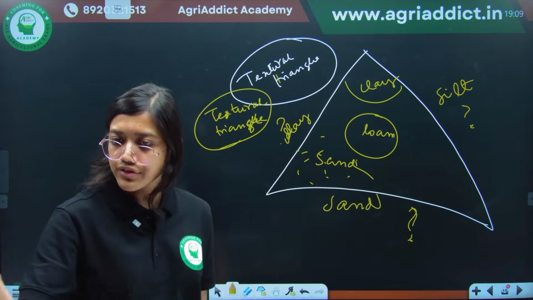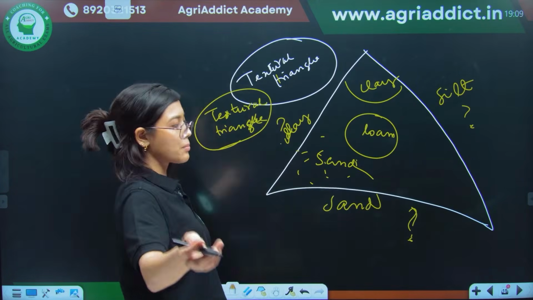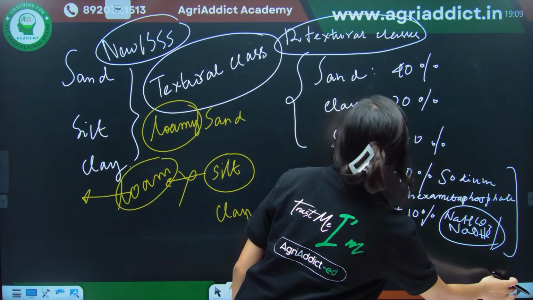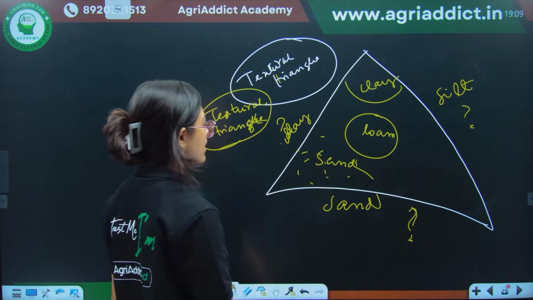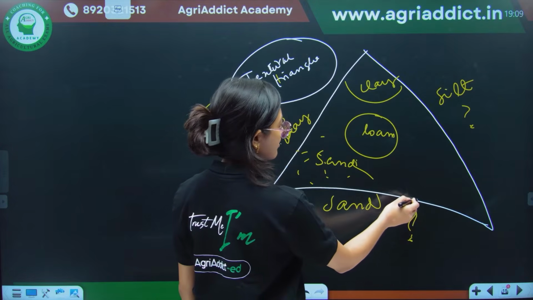And suppose you have three different values, those three different values you will plot in your triangle. So I have 40% sand, 20% clay and 40% silt. Suppose the sand is 40%, it will fall somewhere over here.